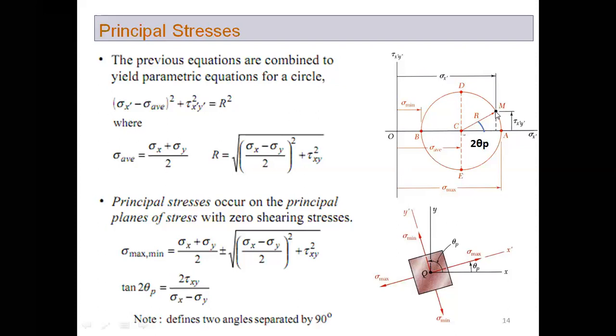This point M represents sigma x prime and tau x prime y prime, meaning that the coordinates of point M are sigma x prime, tau x prime y prime.